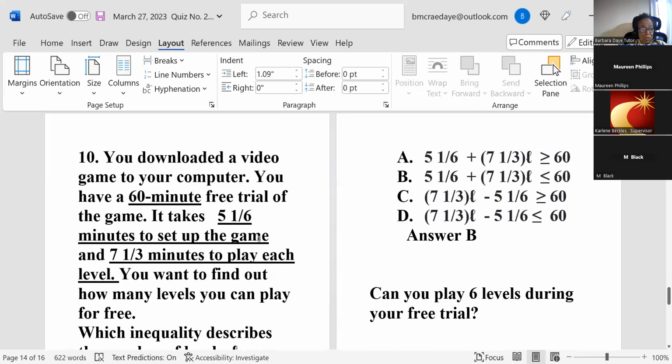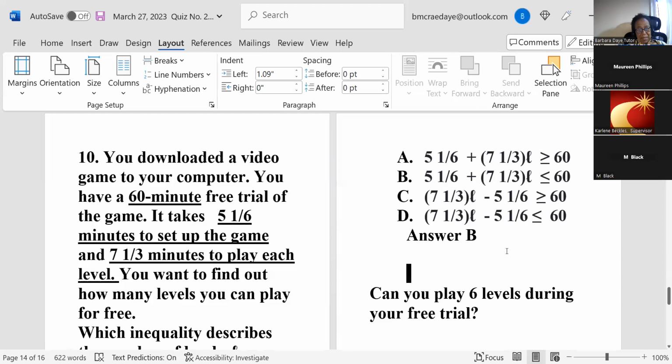Now that means when you set up the inequality, you'll have the minutes for the setup plus the minutes to play each level. That's why you would have 5 and 1/6 plus the minutes to play each level times L, the number of levels.